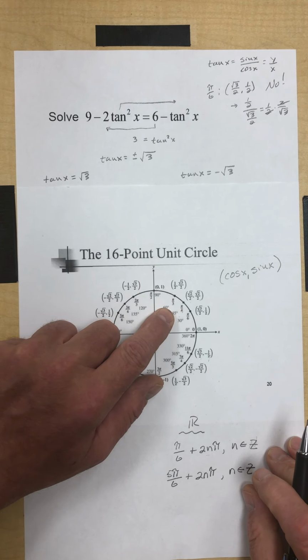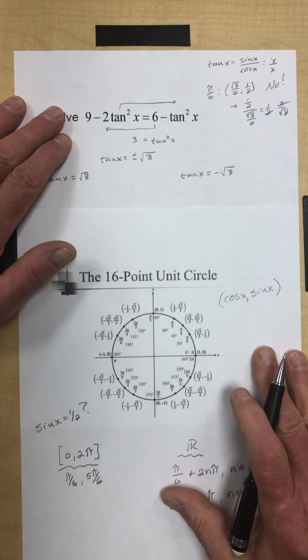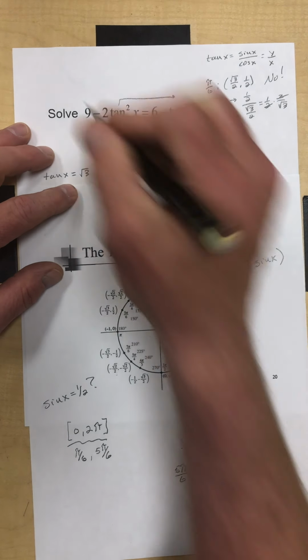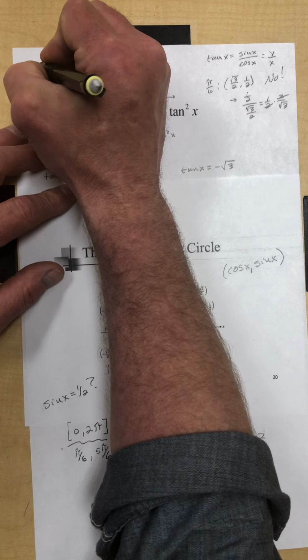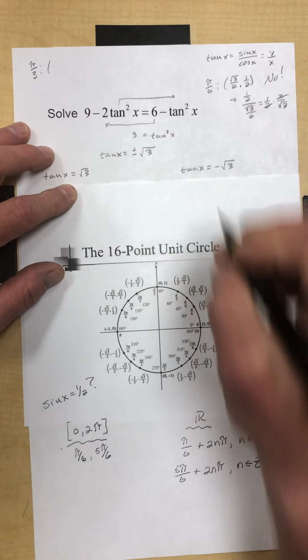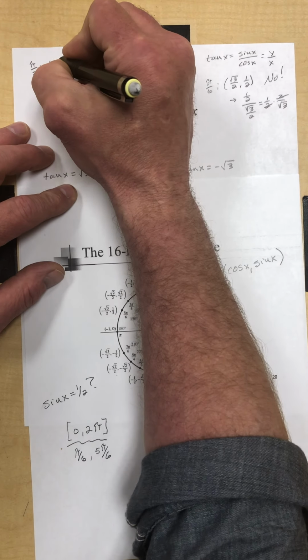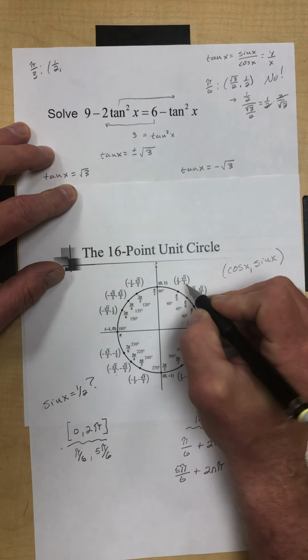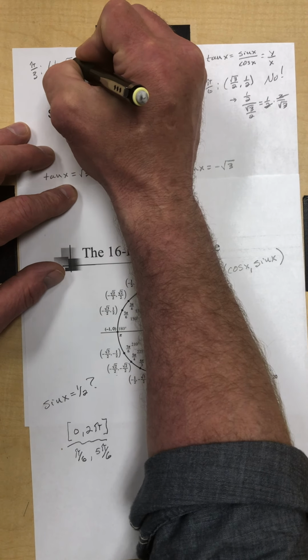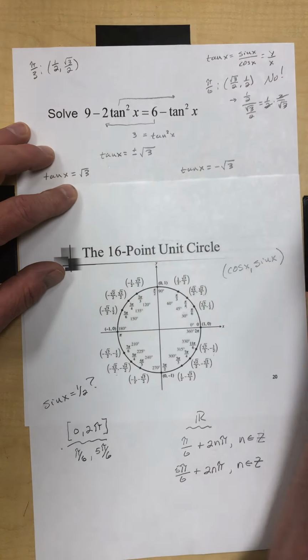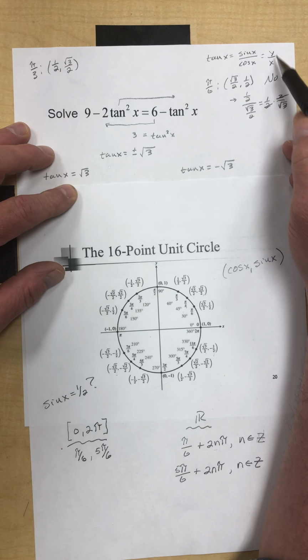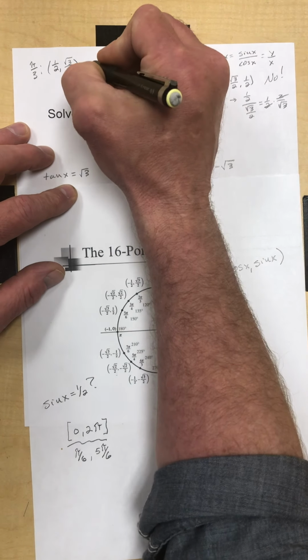So hopefully it works here at pi over 3. Okay, so let's check at pi over 3. I've got coordinates 1/2 and radical 3 over 2. So again, tangent on the unit circle would be y over x, as sine over cosine.